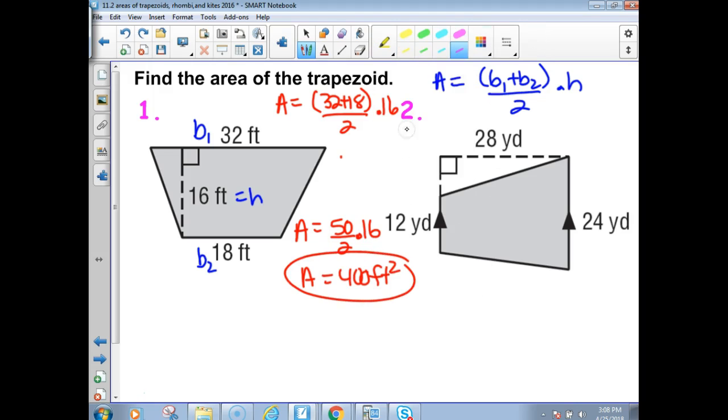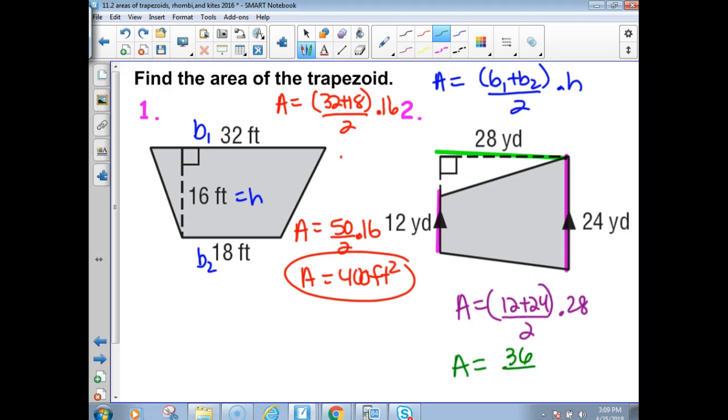Number 2 just has one of those turned ones. I think this is the same as what was in our ISN, isn't it? And the height is the 28, which is drawn outside the figure, which is often the case. We're going to need to find the area by doing 12 plus 24 divided by 2, and then multiply by 28. If you're typing it in your calculator all at once, don't forget you must put in parentheses, or you're going to get it wrong.